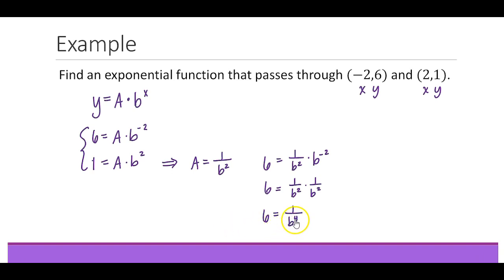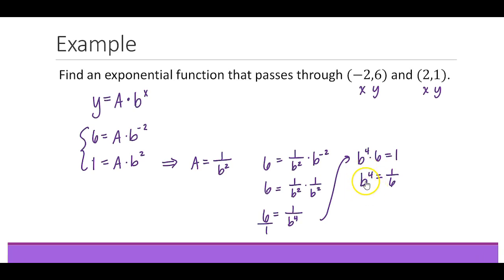Now I can think about this as cross multiplying. This is like 6 over 1 equals 1 over b to the 4th. So I end up with b to the 4th times 6 is equal to 1. And then I'll divide by 6, so I have b to the 4th equals 1 over 6.